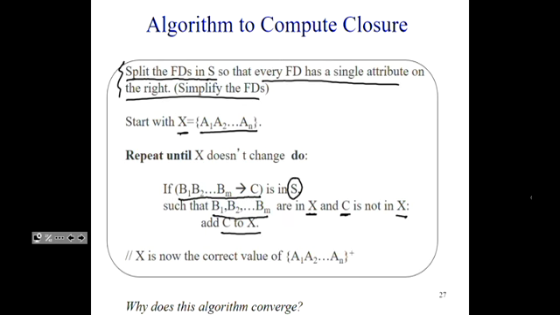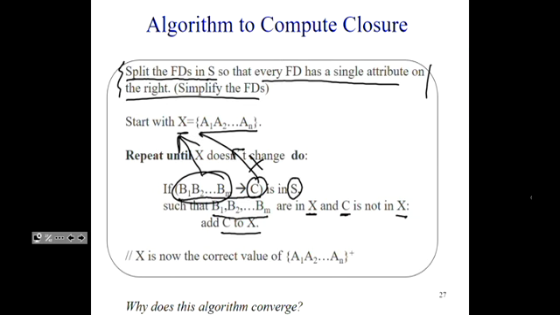So if B1 through Bm implies C is in the set of functional dependencies such that the left hand side is part of X and C is not part of X, then you add C to X. Okay, and then you repeat. That's it. It's very straightforward. The only first step is you simplify the functional dependencies before you start applying closure. And then you keep doing this up until you can't change the set of attributes X any longer.